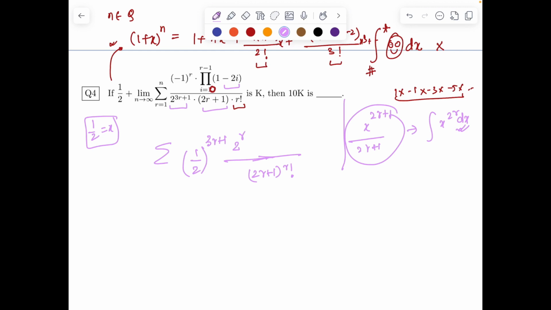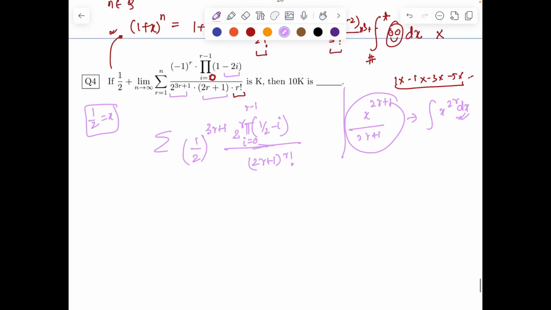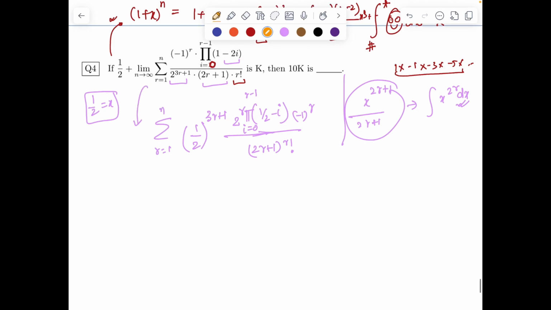So if we take 2 out, we get 2 to the power r, because 2 will be out in every term, and we'll have half minus i, this product running from i equals 0 to r minus 1, into minus 1 to the power r. So this expression can be written in that fashion, r equal to 1 to n, and clearly the limit I have to take to infinity.